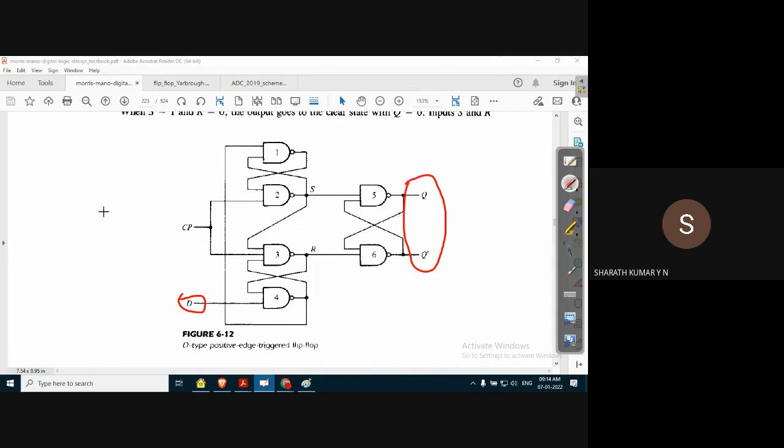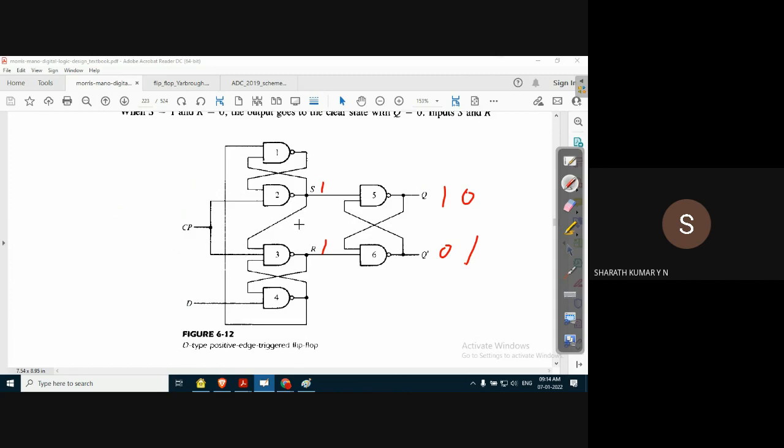After that, whenever the input changes during the on period or during the off period of the clock pulse, the output should not change. Why? Because we want the circuit to be sensitive only to the edge of a clock pulse. The requirement here is that S and R should be logic 1, so that the output does not change. The output can be either 1 or 0. No change.